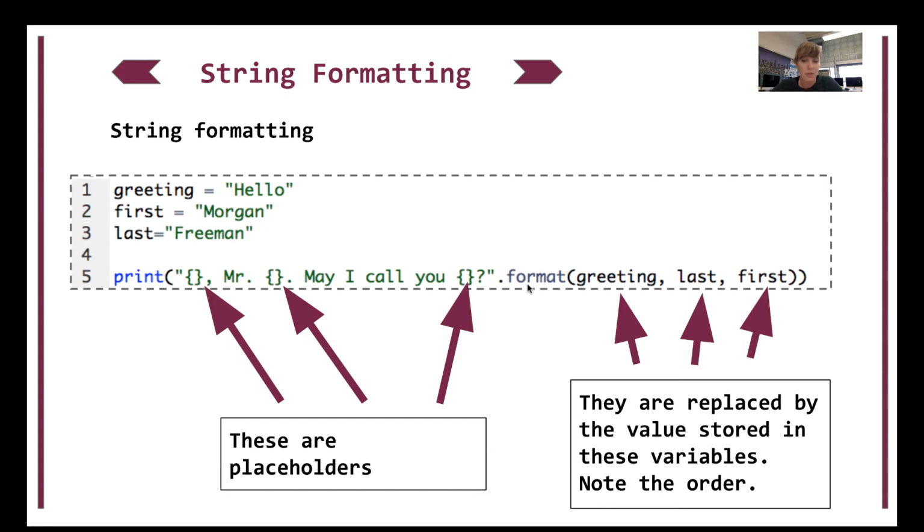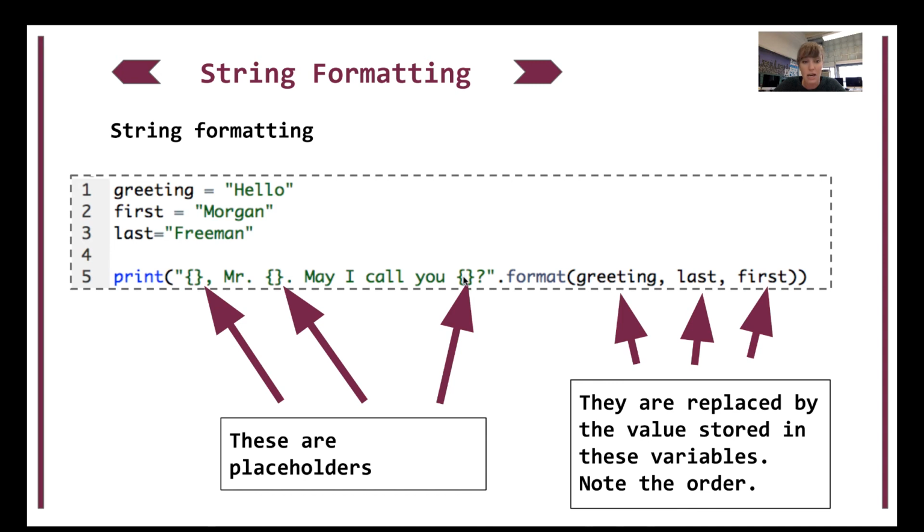dot format. So you close the string there, you put the dot, because format is a method. We talked about methods before, and we said that they always have parentheses, right? So this method has parentheses, except I need to give it values here. I have 3 blank spaces here, so I need to give it 3 values. I want greeting to be replaced here, I want last to be replaced here, and I want first to be replaced here.